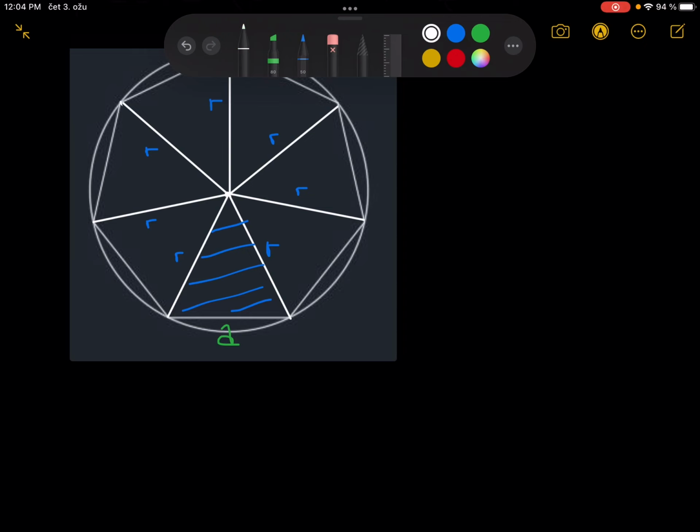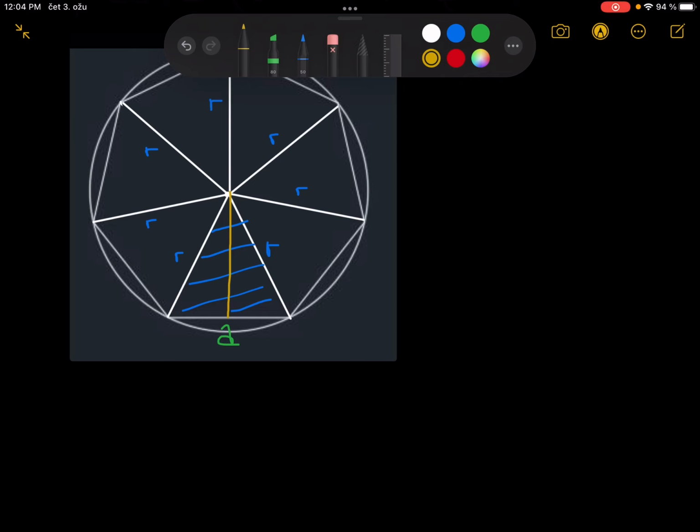Okay, so how do we go about doing this? I'm going to go ahead and take yellow right here. So we know that this yellow line is the height of our given triangle.